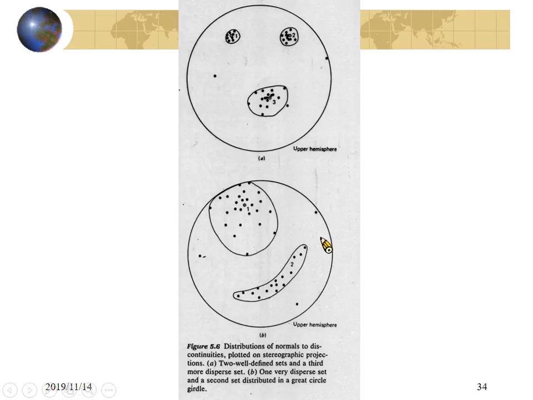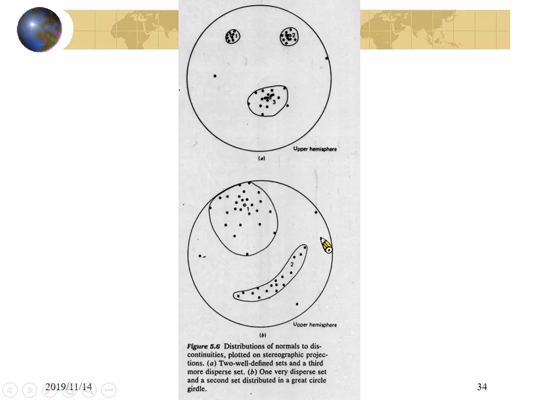I already showed you, if you have a bedding plane like this, this could be the orientation of the bedding plane. Usually, we will find there are 4 joint sets in these rocks. The first one will be this. What is this?